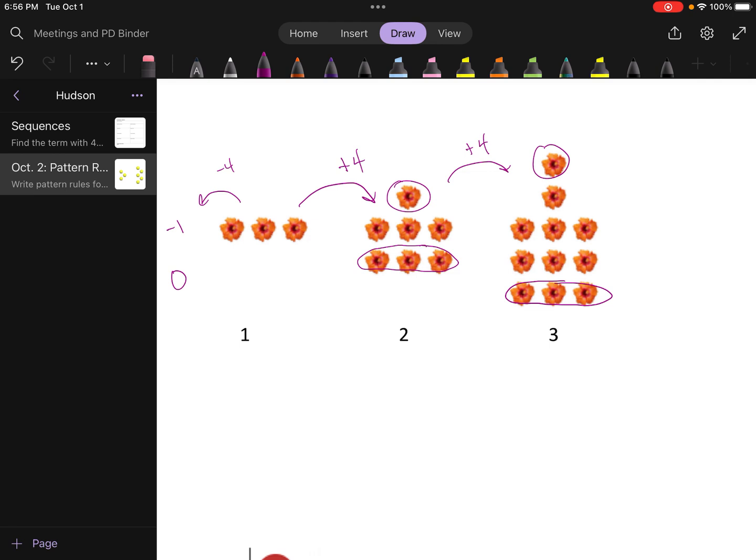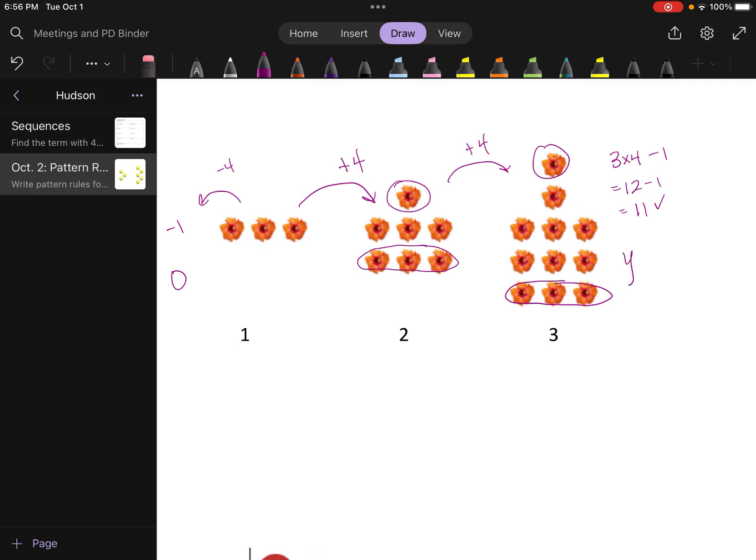Okay, so what might your pattern rule look like in this case? If I was to test my numbers, I might try 3 times 4 minus 1, and that gives me 12 minus 1, which gives me 11. So I have 1, 2, 3, 4, 5, 6, 7, 8, 9, 10, 11. So this rule works.